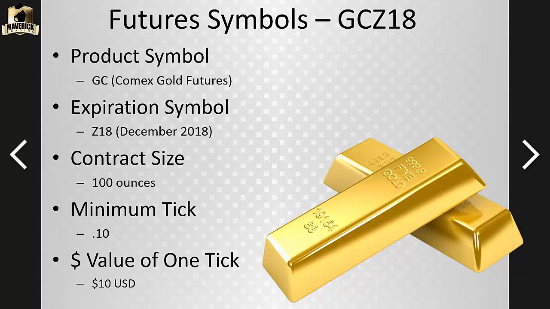Now, all futures have what are called ticks. Now, ticks are very similar to what we do in Forex called pips, whereas stocks always trade in dollars and cents. So in stocks, we don't really need to talk about it because, okay, we know that a $50 stock, $50.01 would go up to $50.02, $50.03. That's just how stocks work.